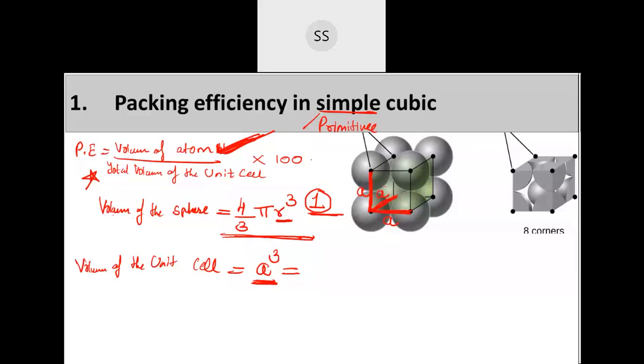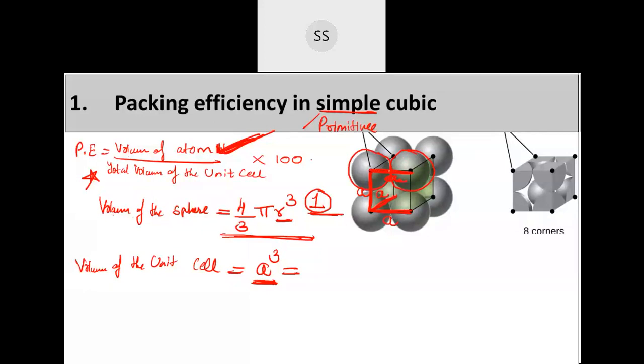Now see here in this cube. If you take this as the cube, you know in a primitive cell one atom is exactly touching the next atom, correct? So this whole length is a. If you are able to see properly, this whole length is a. Now how much of the atom is occupying this length over here?